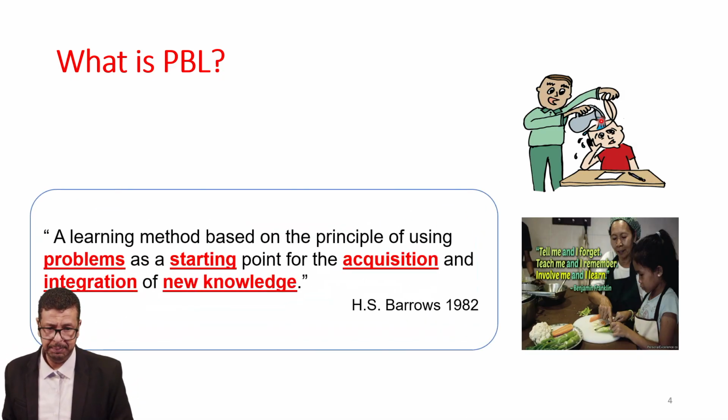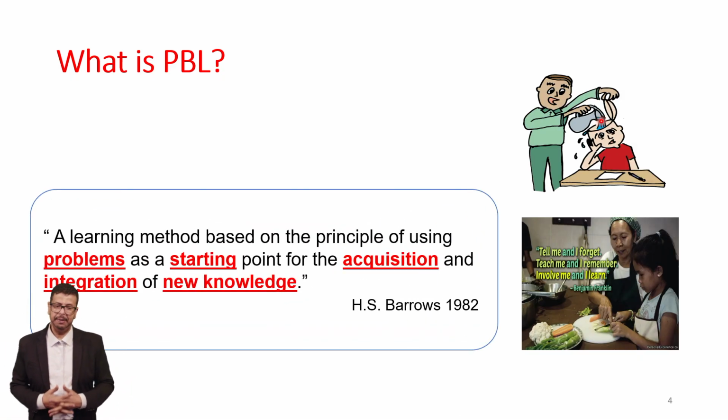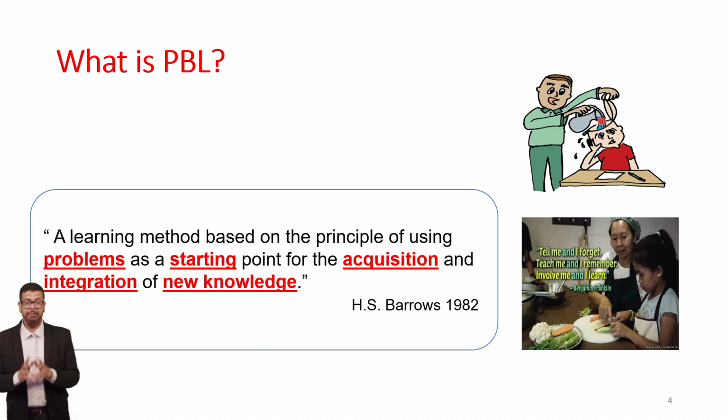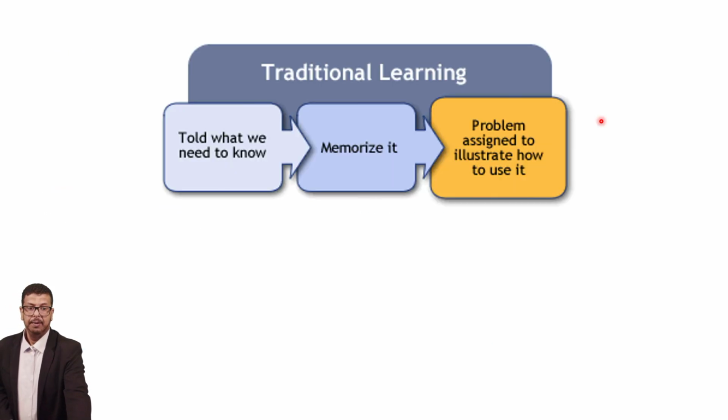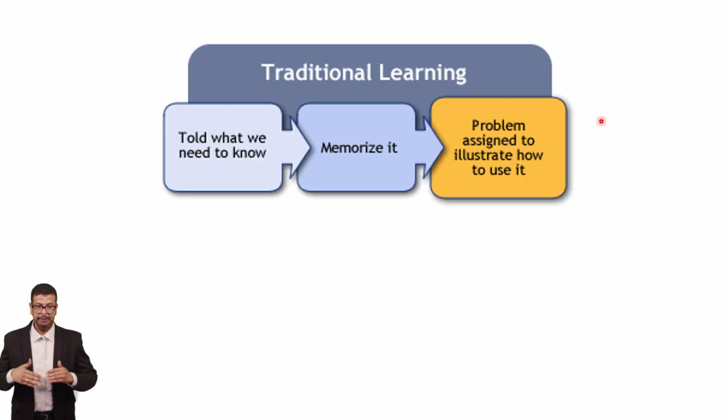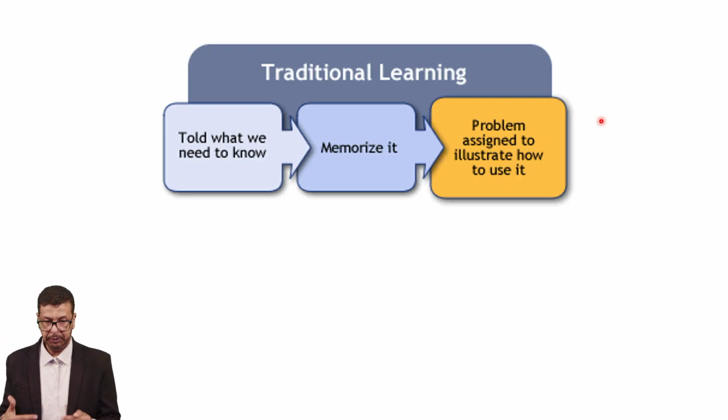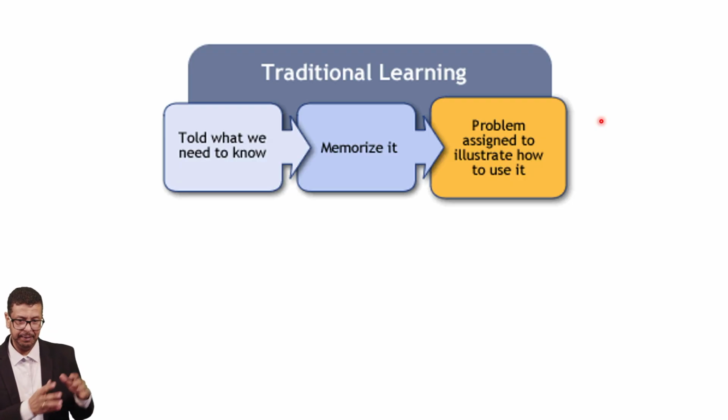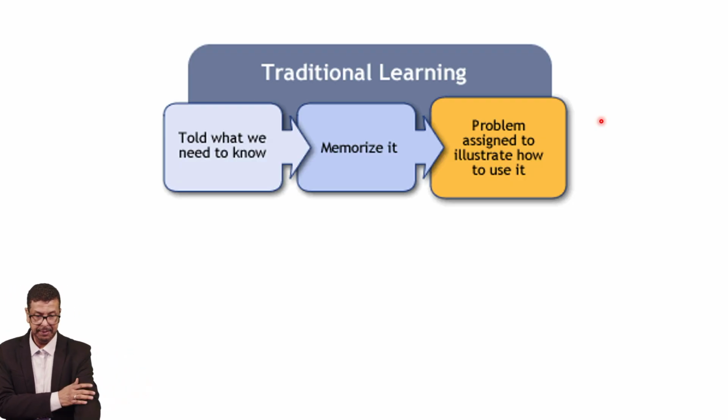So what is problem-based learning? It is a learning method based on the principle of using problems, as the name says, as the starting point for the acquisition and integration of knowledge. In traditional learning, they tell you what you need to know, you memorize it, and then you have the problems at the end in the exams.